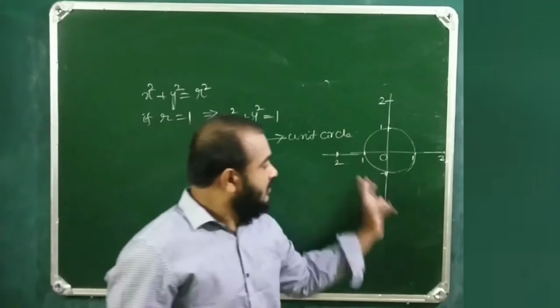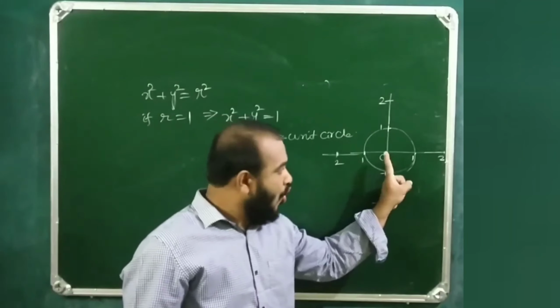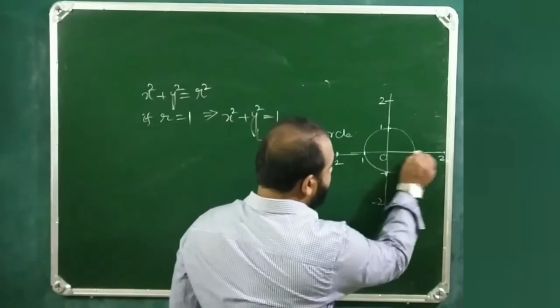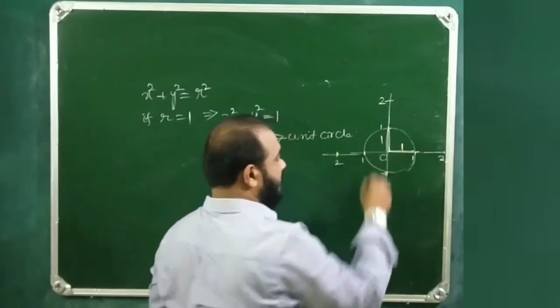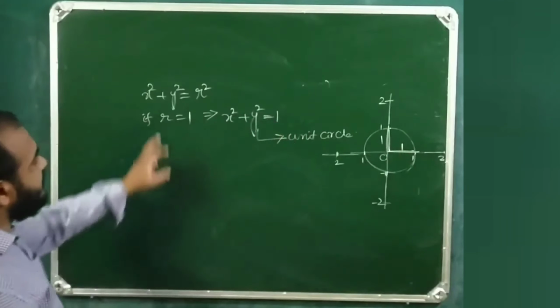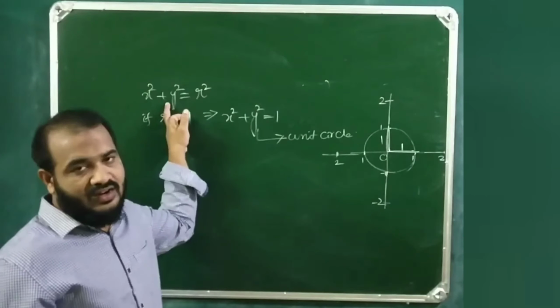For this circle, the center is still at the origin and the radius is 1. So such a circle is said to be the unit circle.